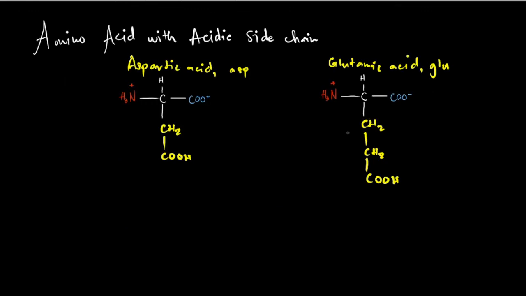We also have amino acids with acidic side chains. We have the aspartic acid with one carbon atom and two hydrogen atoms. Then we have the carboxyl group, our COOH. We also have our glutamic acid. We have there two carbon atoms with corresponding hydrogens and an acyl group or carboxyl group.